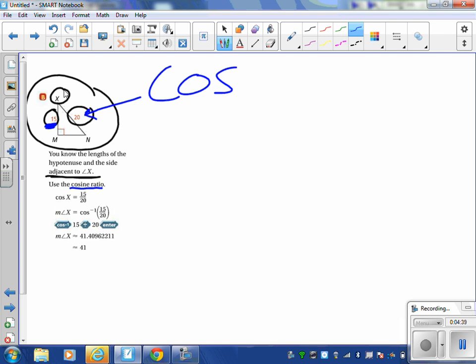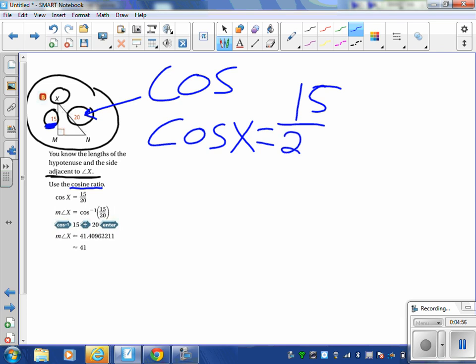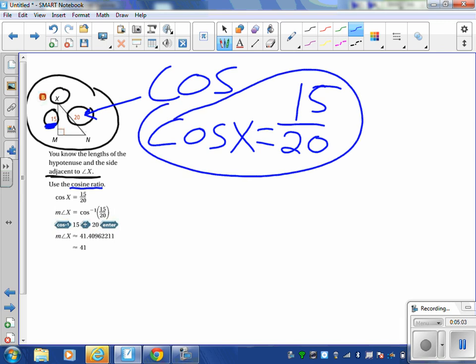So how do I set this one up? I need to take cosine x equals 15, which is adjacent, over 20 hypotenuse. So I start with this equation, but since I want to find the measure of that angle x, I need to use the inverse property again, but this time for cosine.